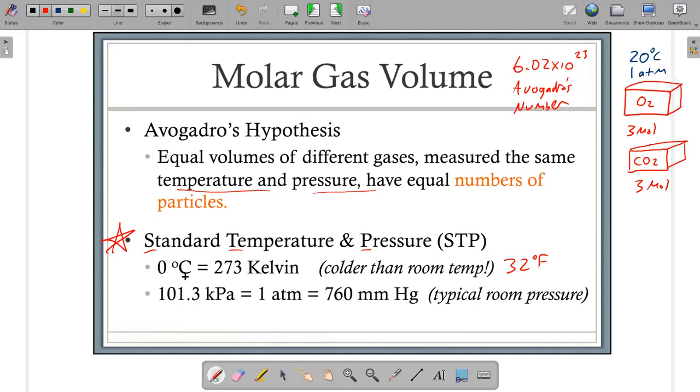And then standard atmospheric pressure. There's a unit of gas pressure called the atmosphere. ATM stands for atmosphere. You might know that atmospheric pressure varies from day to day. It's important in meteorology. Whenever it's terrible weather outside, it's raining, there's a thunderstorm, atmospheric pressure is low.